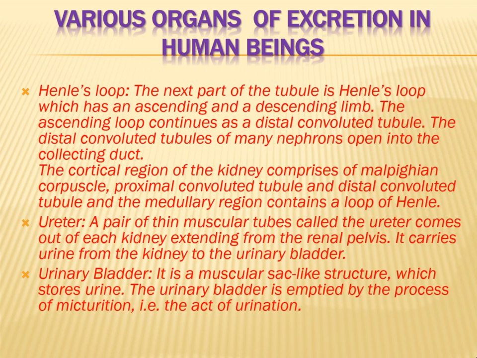It carries the urine from the kidney directly to the urinary bladder. So this is the work of the ureter. We showed you the ureter image in the previous slide, the thin vessels that carry the urine from the kidney directly to the urinary bladder.